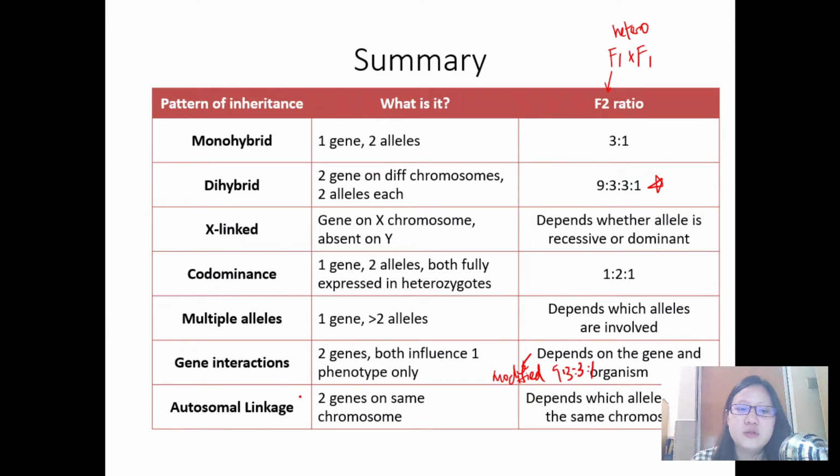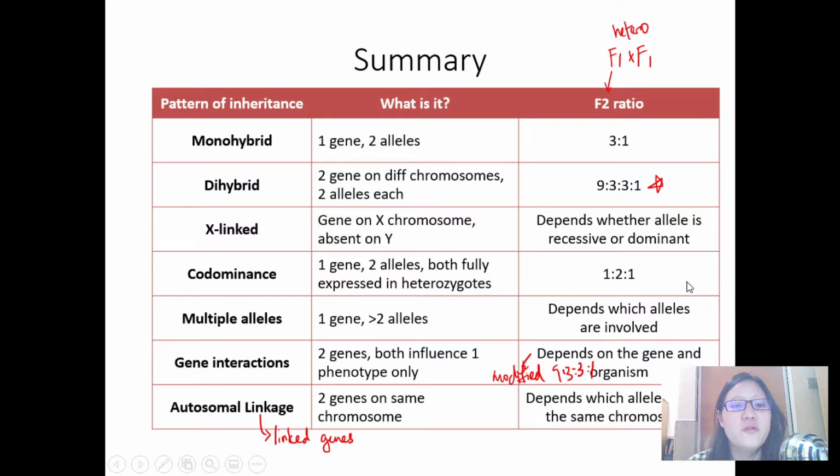Autosomal linkage refers to linked genes, meaning genes that are on the same chromosome. Now, the F2 ratio will depend on which alleles are on the same chromosome. That's pretty much it. So that's the summary so far.